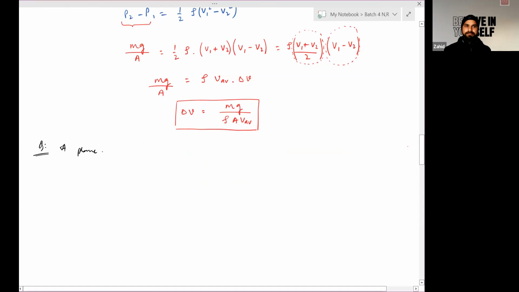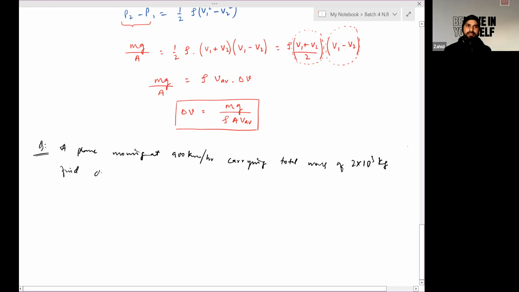A plane moving at 900 km/h, carrying a total mass of 2 into 10 to the power 3 kg.